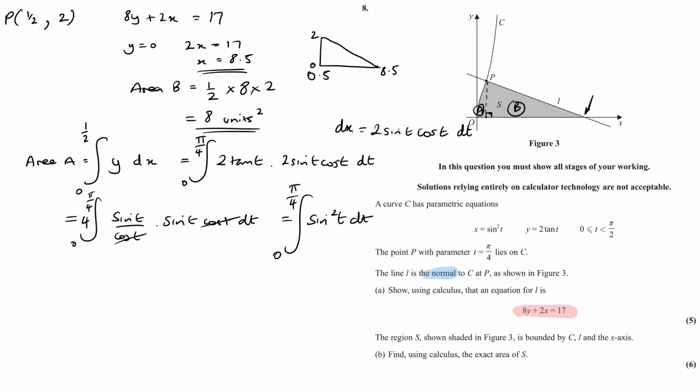Now remember, we do generally prefer to change this into a double angle formula. So if you can just see me in the top right here, cos 2t will be equal to 1 minus 2 sine squared t. If I swap it around, 2 sine squared t is equal to 1 minus cos 2t. So that's what I want.